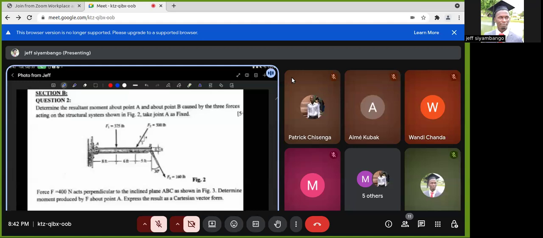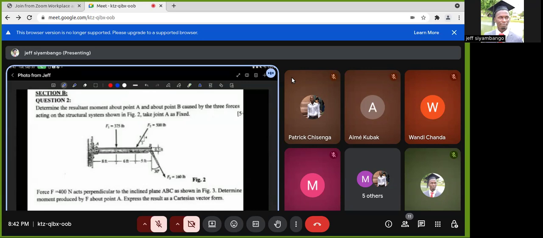So here they're saying determine the resultant moment about a point A and about a point B caused by the three forces acting on the structural system shown in figure 2. Take joint A to be a fixed support.